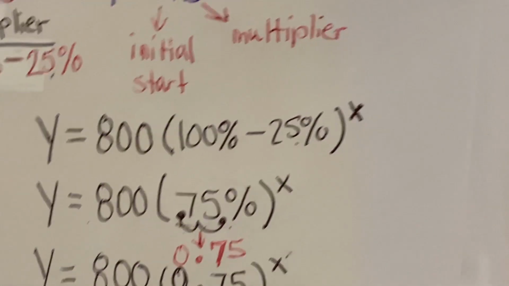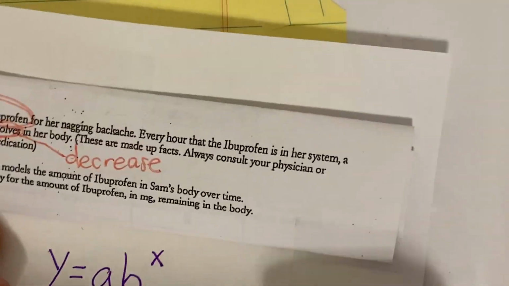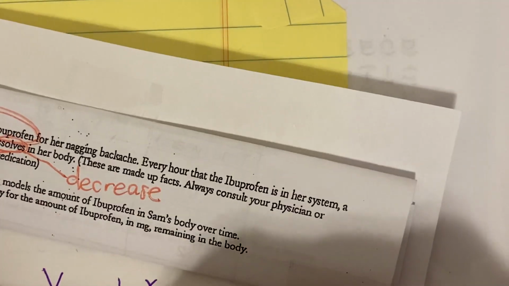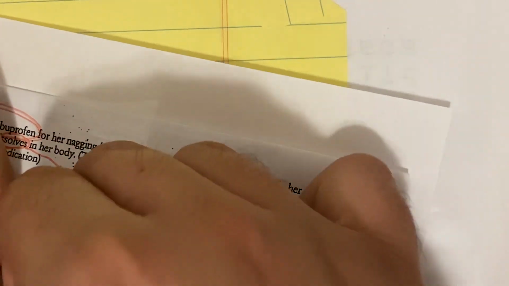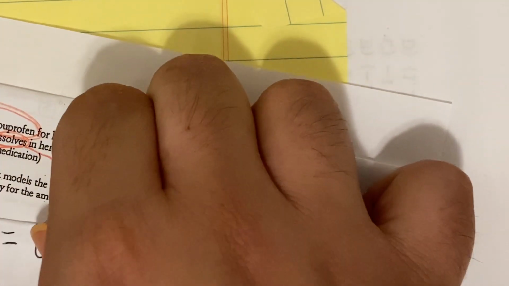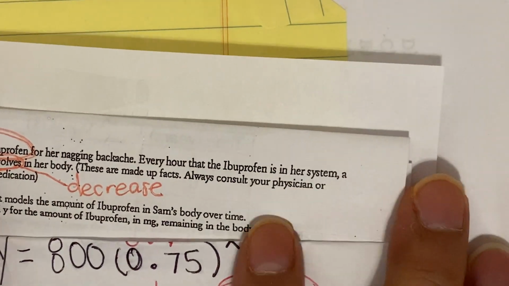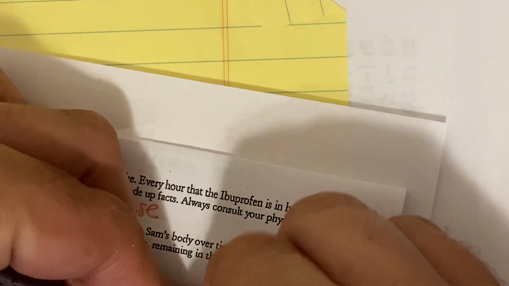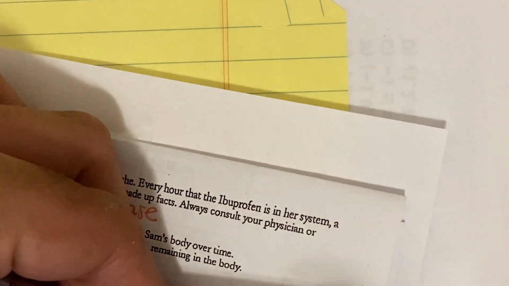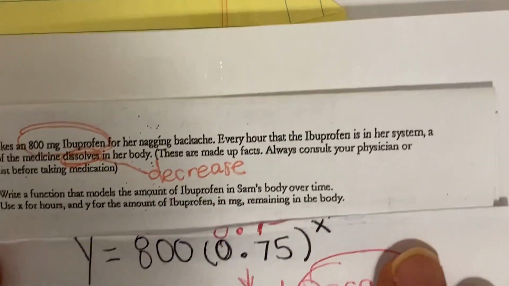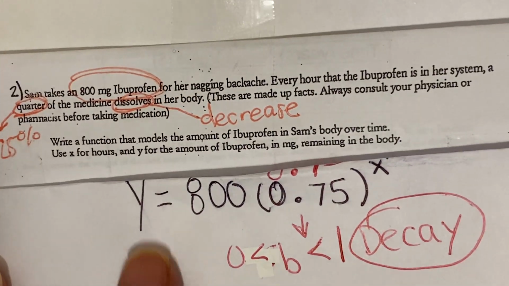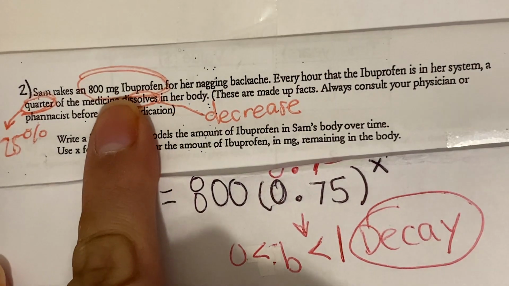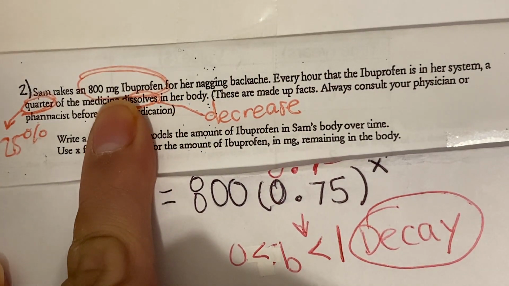So let's go back to our word problem just to verify and make sure that we did this correctly. Okay, let's go ahead and verify that we wrote this correctly. So again, our initial is 800, and according to this, it is 800 milligrams of ibuprofen.